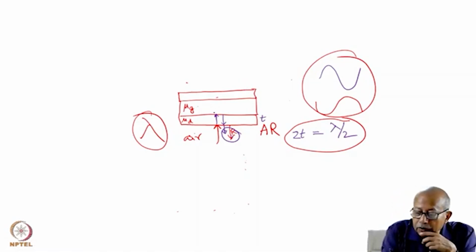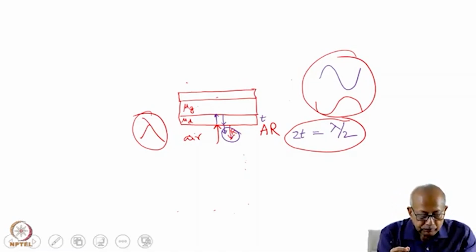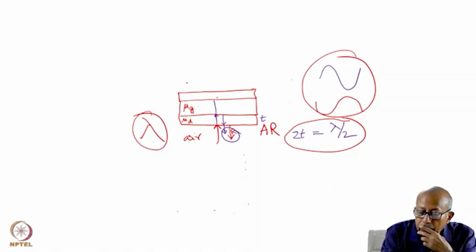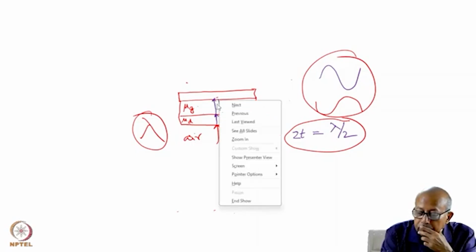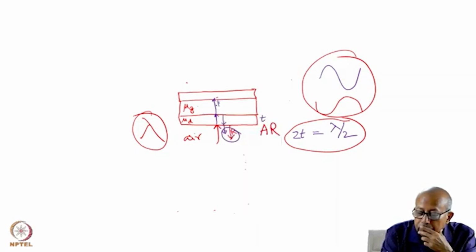And so now you see this light which shines on this part will be reflected from here, and then another part will be reflected, come here.